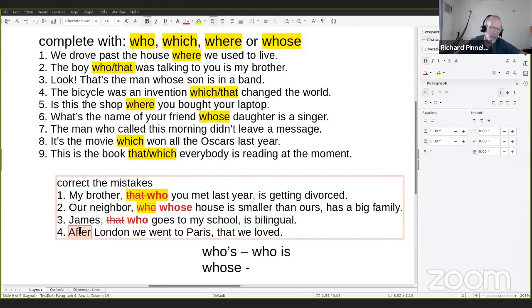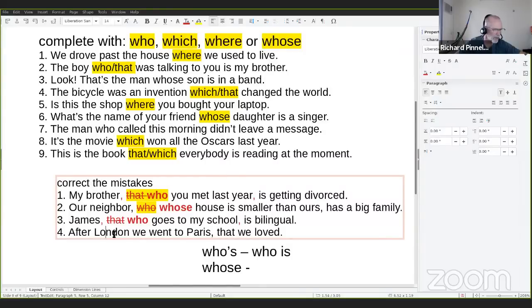Finally, after London, we went to Paris that we loved. And I'm not sure if people have got, after London, we went, number 4. After London, we went to Paris that we loved. Anybody?